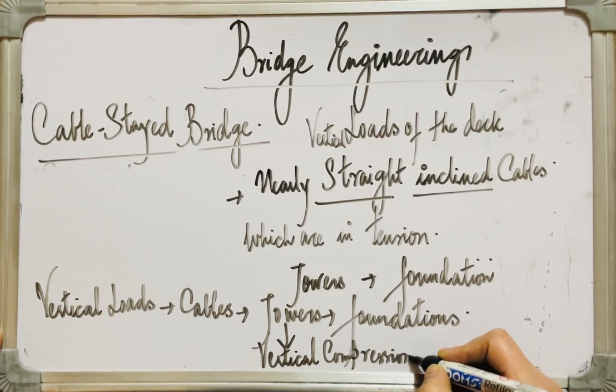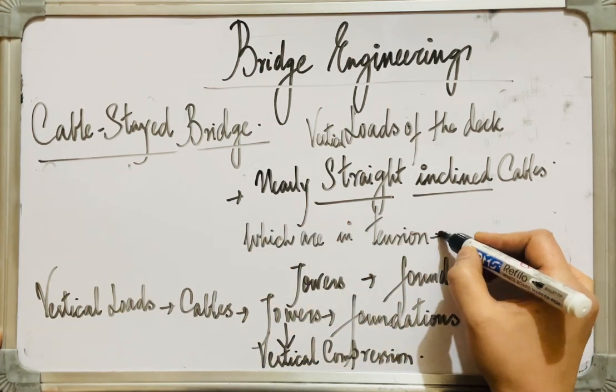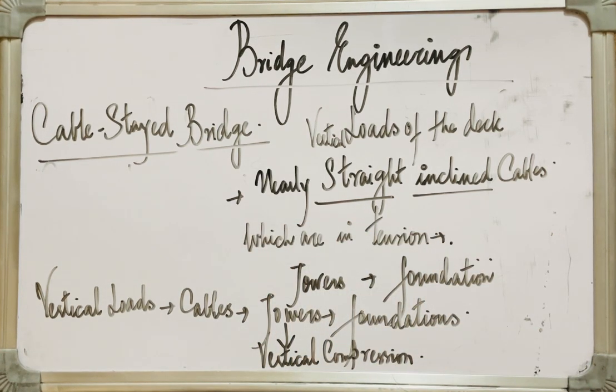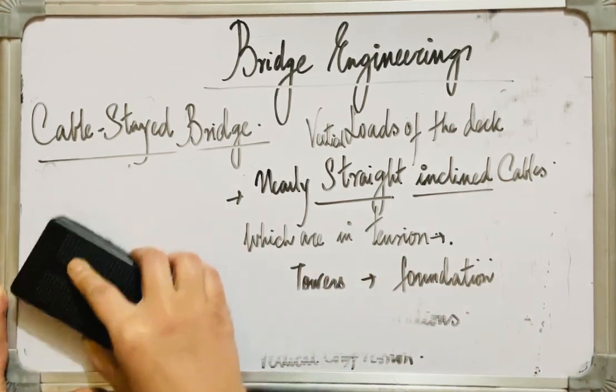We have studied that these cables remain in tension, and the tensile forces in the stay cables induce horizontal compression in the deck. Let me rub it first and I'll explain it to you.